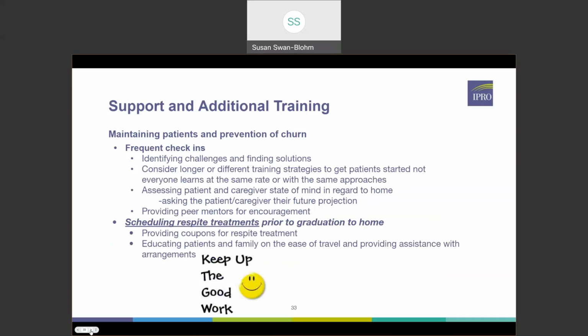Frequent review of the patient's state of mind, training, progress, and processes will assure that the challenges are identified and solutions are posed. Including patients, family members, and friends in all educational opportunities, and stressing education on the ability to travel on a home modality, assistance in making those travel arrangements, using telehealth, and providing respite assistance will encourage, support, and promote the advantages of home modalities to all parties.